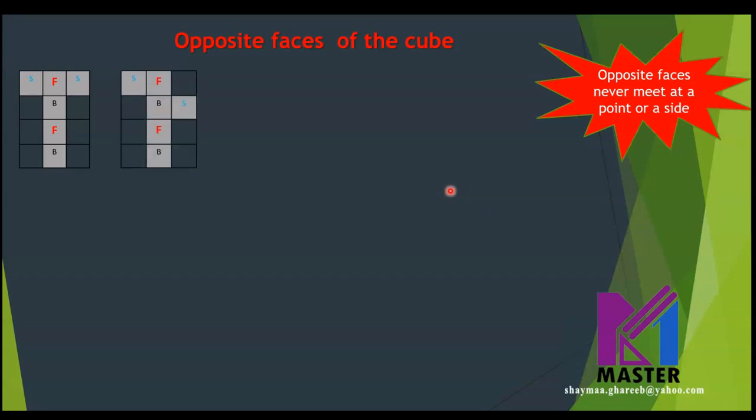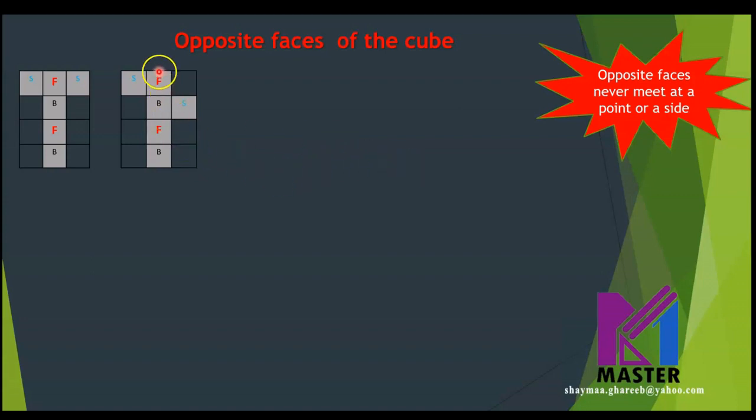So let's see another one. In this one, I don't have any 3 squares in any of the rows, but I have 4 squares here in the same column. So I will start identifying the opposite faces from this column by choosing the faces that don't meet at a point or a side.